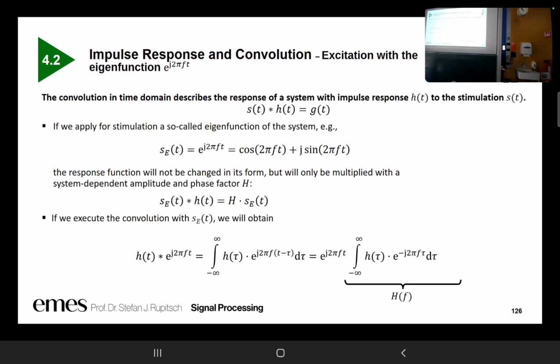Now we perform the convolution of this input function and the impulse response. The result is then a weighted input signal. If we write down the convolution, then after this basic mathematical step, if you put this in front of the integral, the remaining part is exactly the Fourier transform of your impulse response.